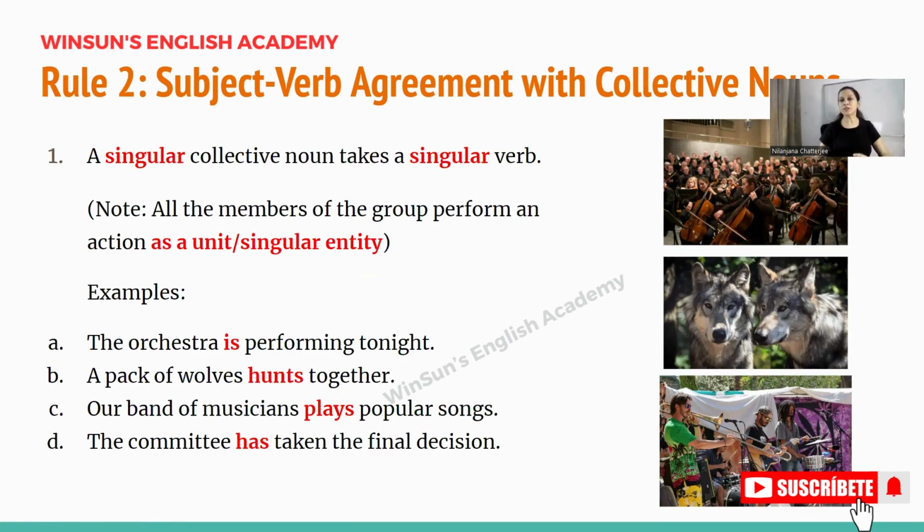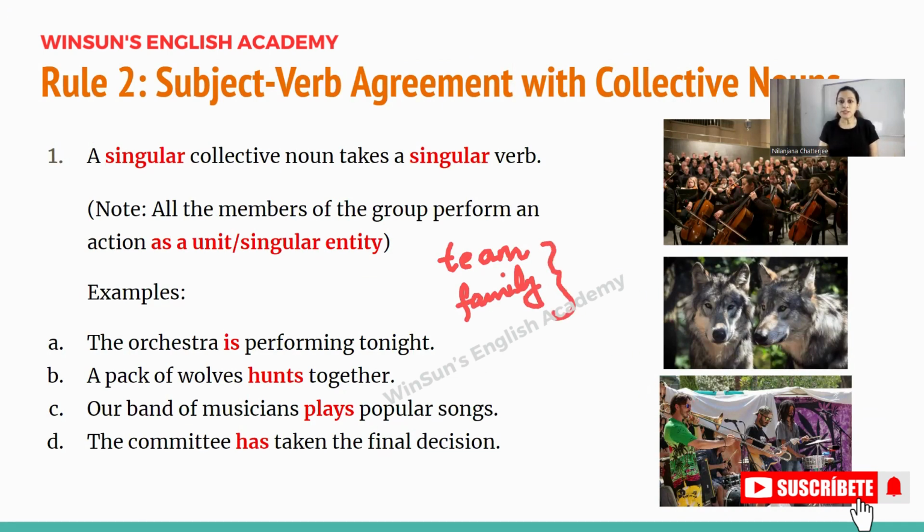Now here we need to understand one thing. When we talk about a singular collective noun, it means we have one team, not teams. We have one family, not families. Okay, we have one pack of wolves, one orchestra, one band.